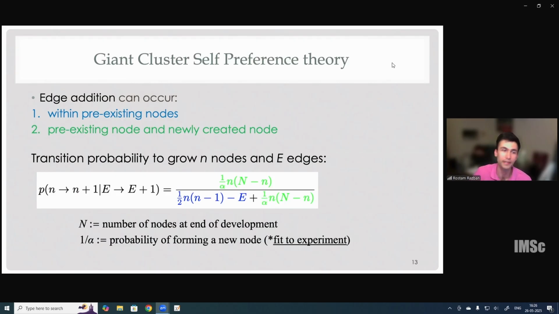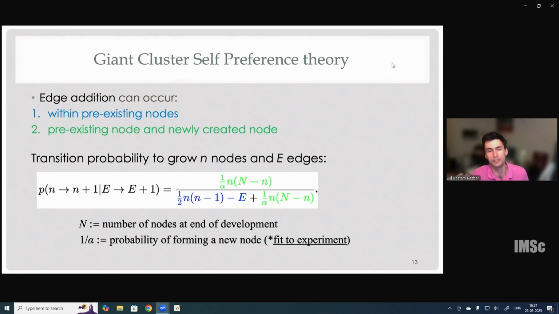So the only way we can go from having n nodes to n plus 1 nodes, so growing the brain by one neuronal region, based off of the fact that we will for sure have the total number of edges increased by 1 because it's not possible for the edges to remain the same. The probability of doing that is just based off of being in case 2 divided by case 1 and 2.